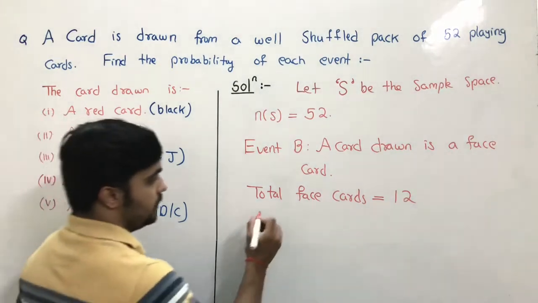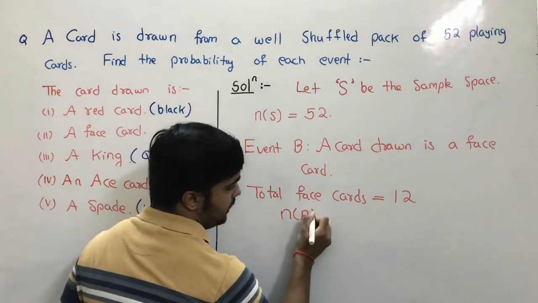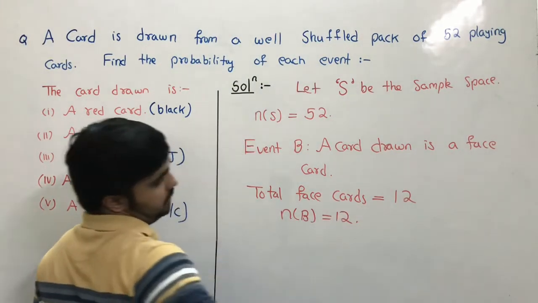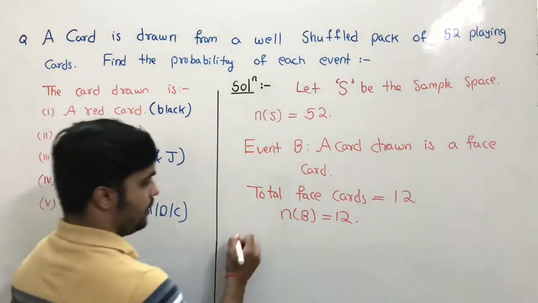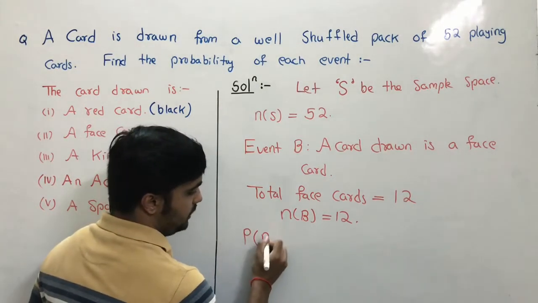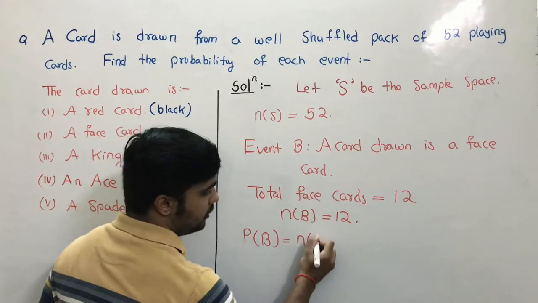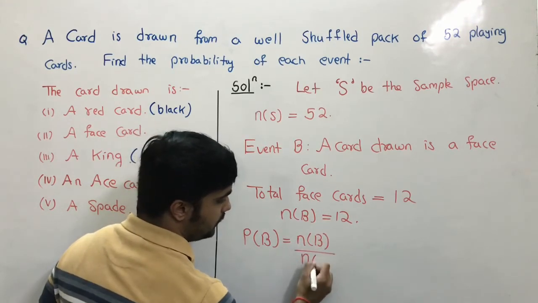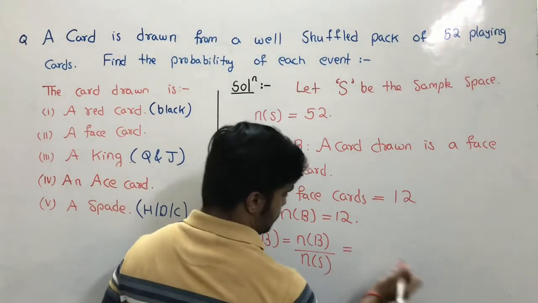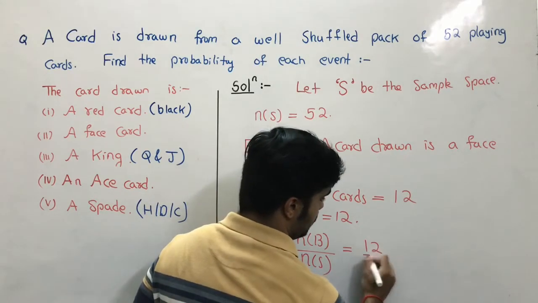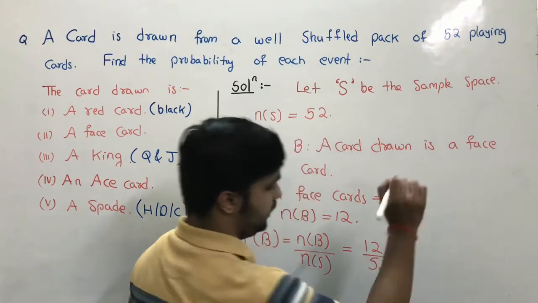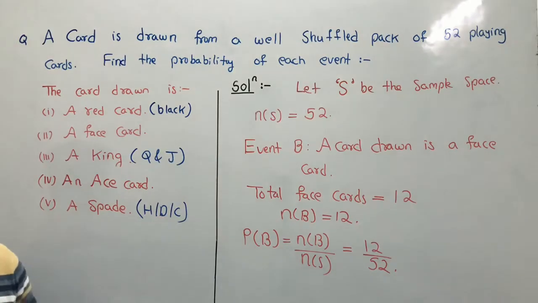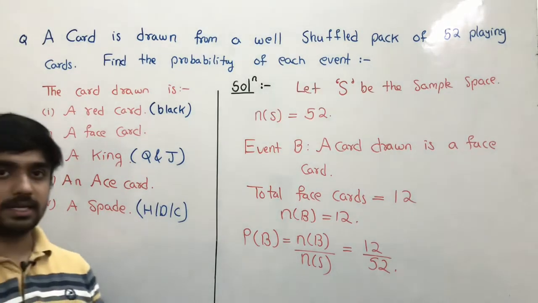So we got number of B equal to 12. Probability of B is equal to number of B upon number of S. So that is 12 upon 52. So this is the second event.